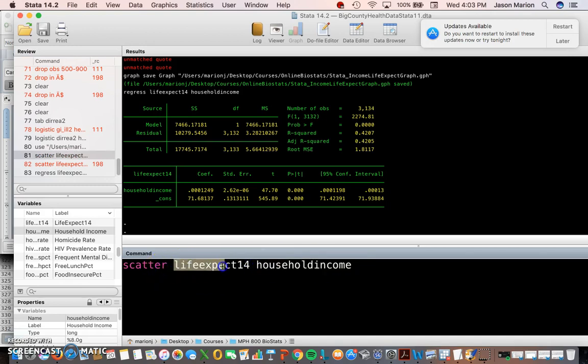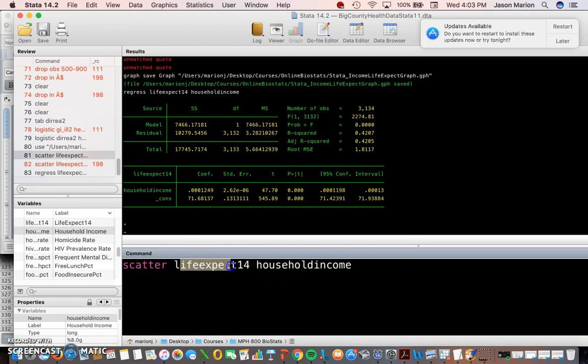In most stat programs, where you've got coding, or even if it's point and click, the first thing it's going to ask you for is, what's your y variable? What's your dependent variable? And then the next things that you type thereafter would be your independent variables, or your x's, or your predictors.